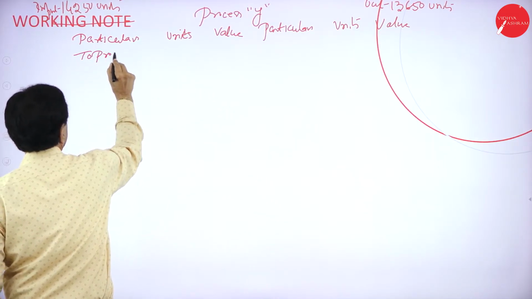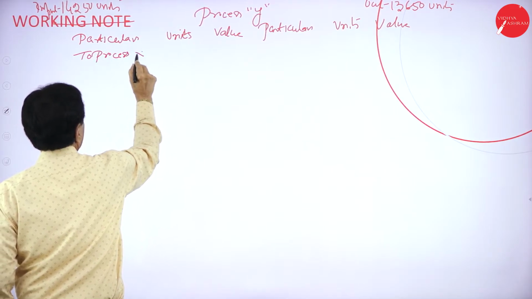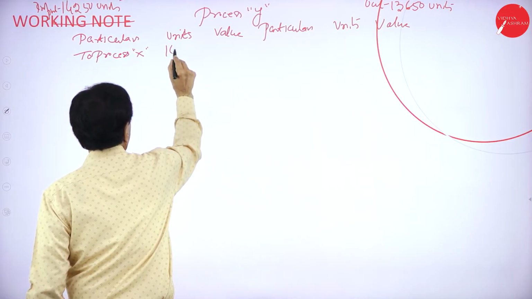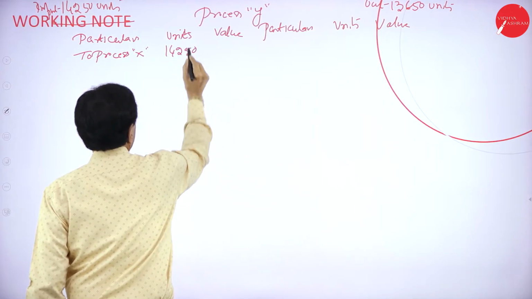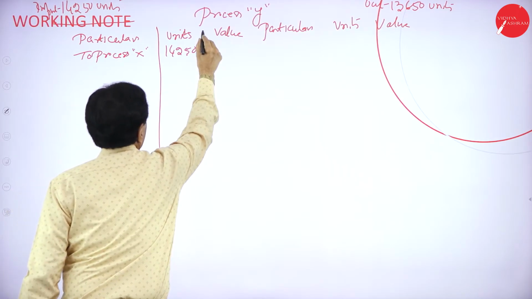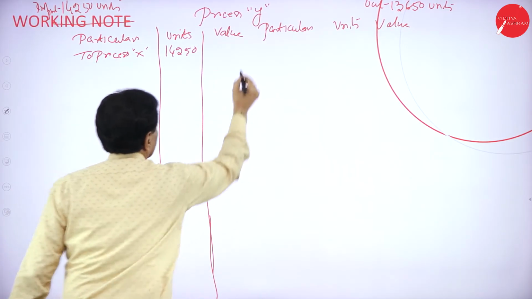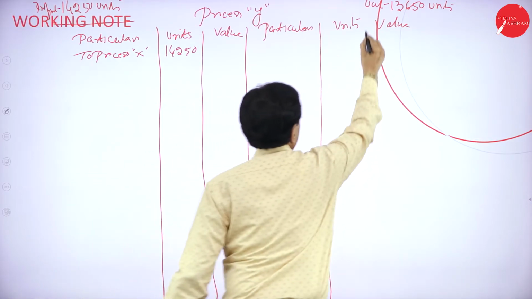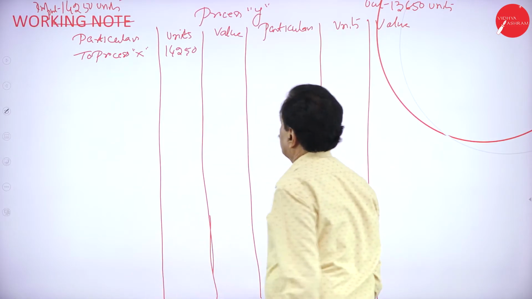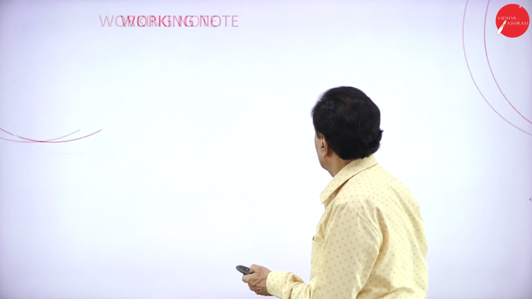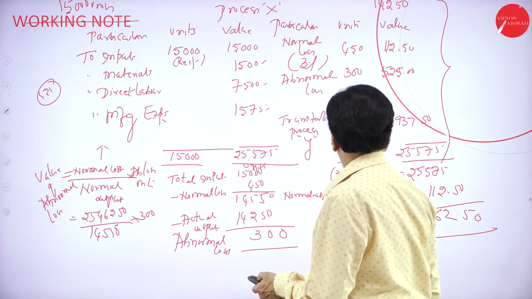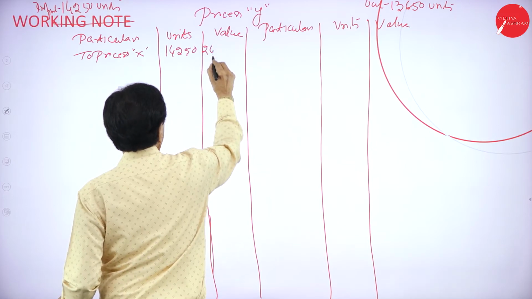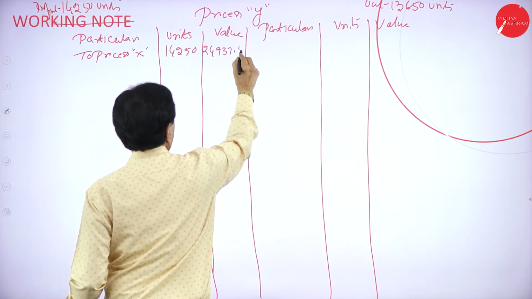To process X, 14,250 units. Then the value will come: 24,937.50.